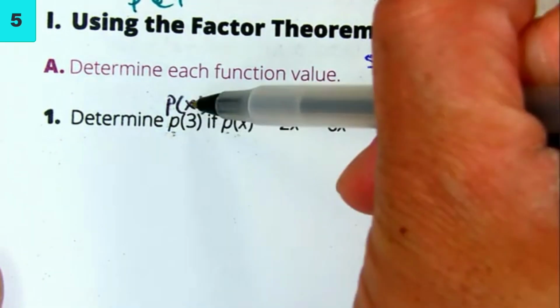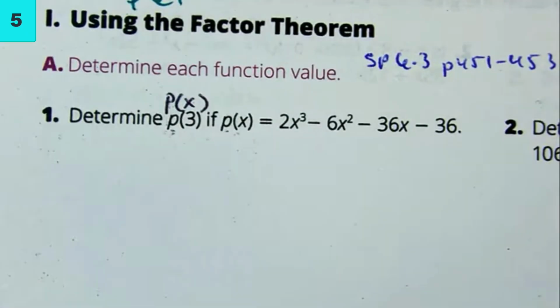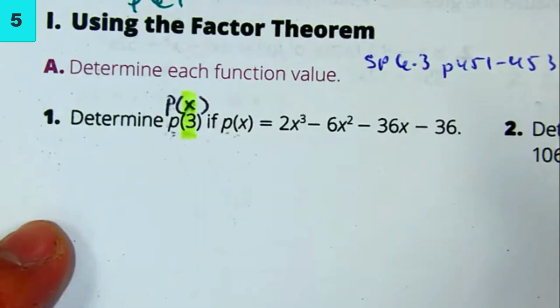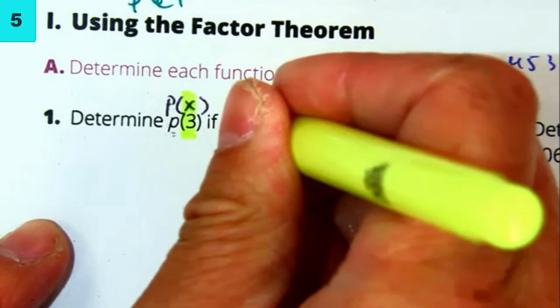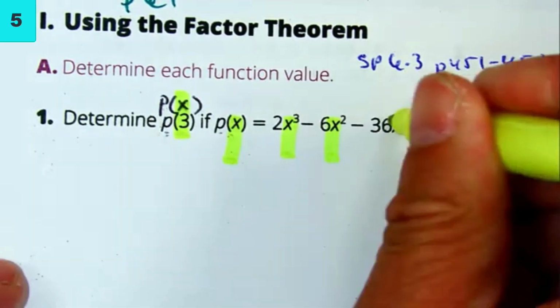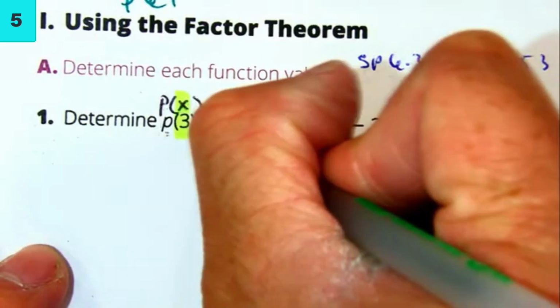X is what? Same or different? Different. So look, this is where I'm using my highlighter. X is equal to what number, class? 3. We're going to put in 3 for every time I see X. Let's substitute in 3 for every time I see X.